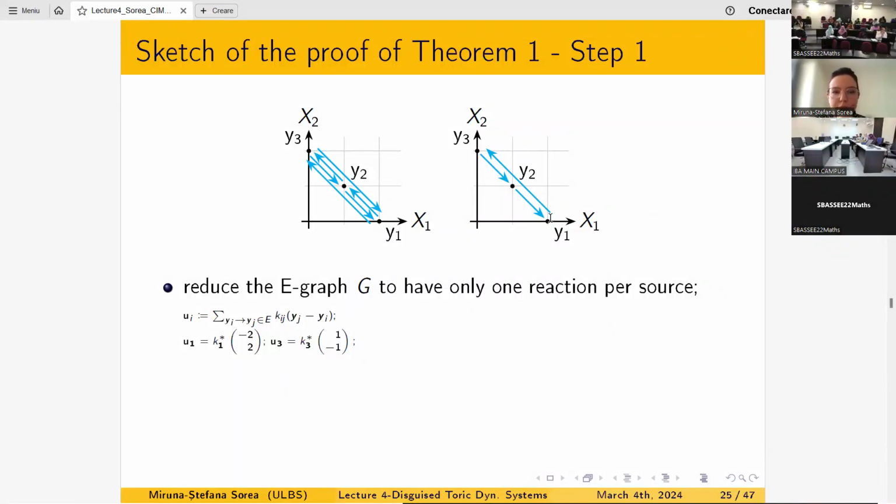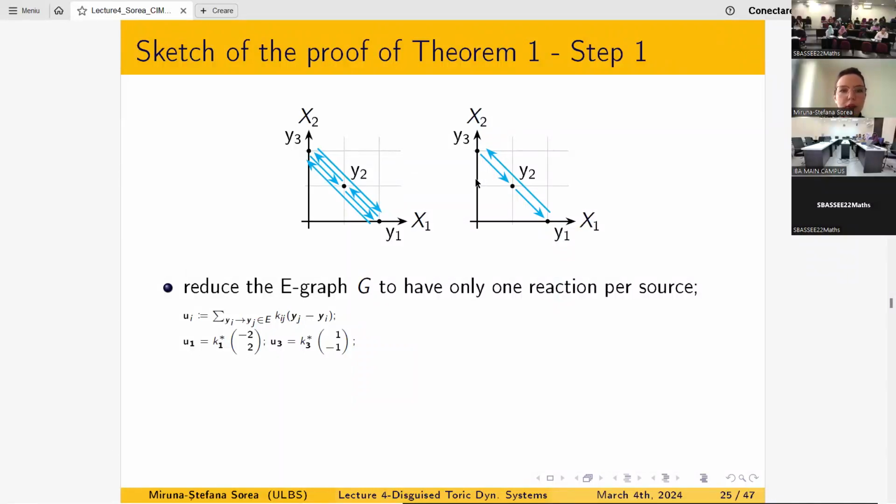What do we notice? If we group the vectors, the first one, u1, in this example, the second picture, y1, y3, is a multiple of -2, 2.